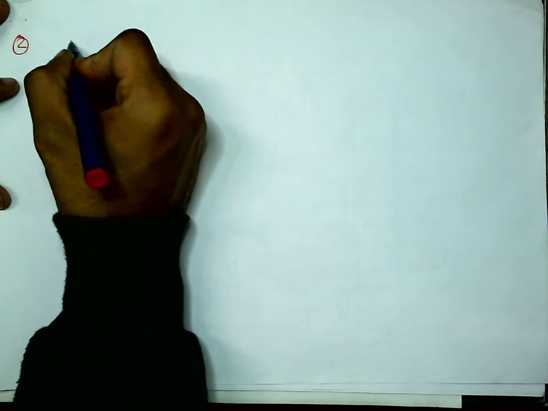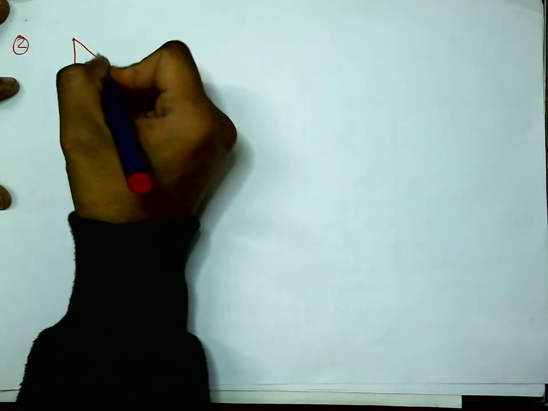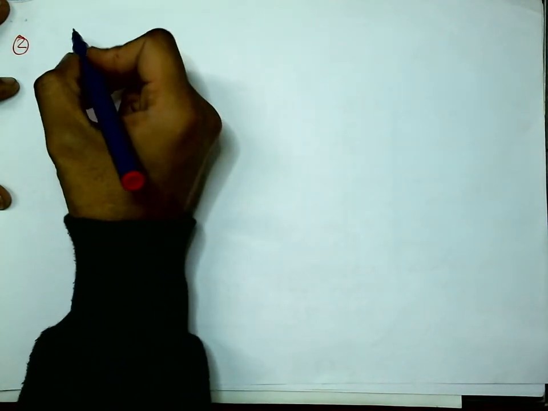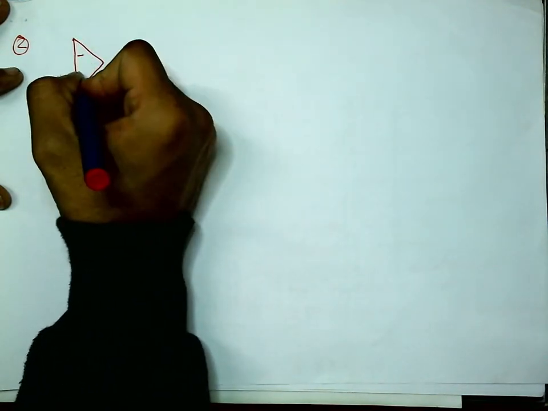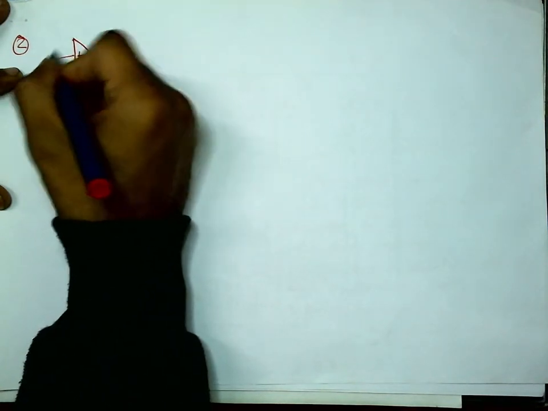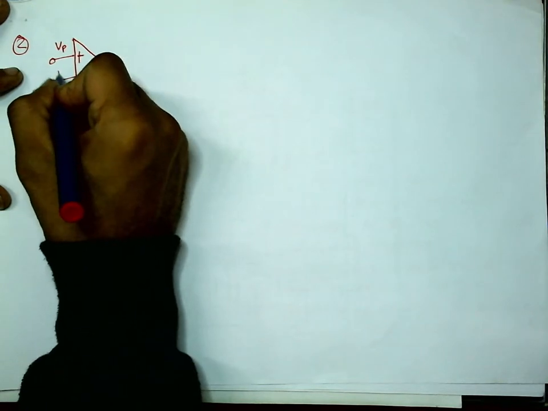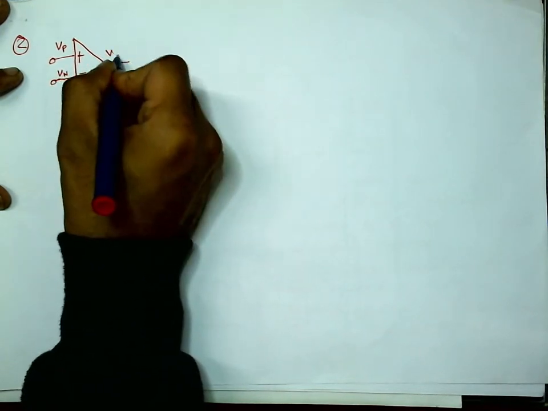Okay, an op-amp, let us recall the functional behavior of an op-amp. It has 2 inputs, call them plus, minus, VP, VN, and output VO.